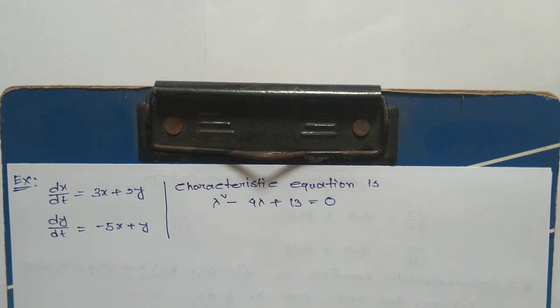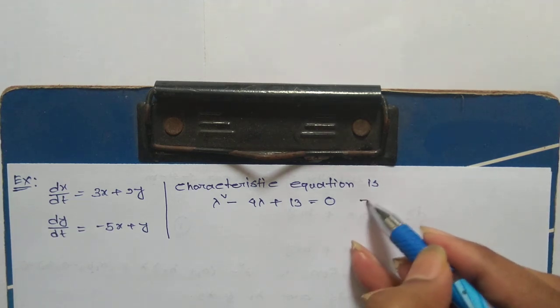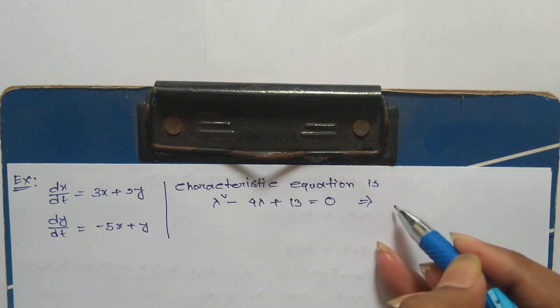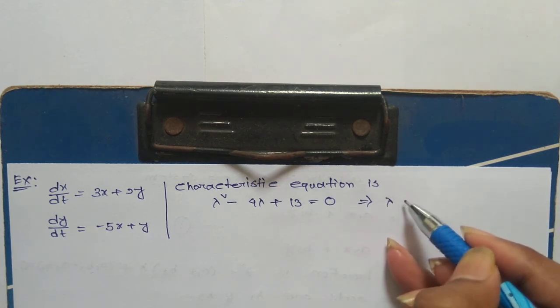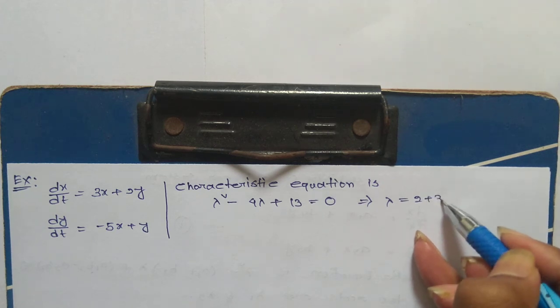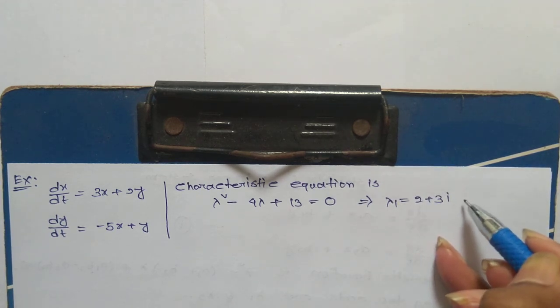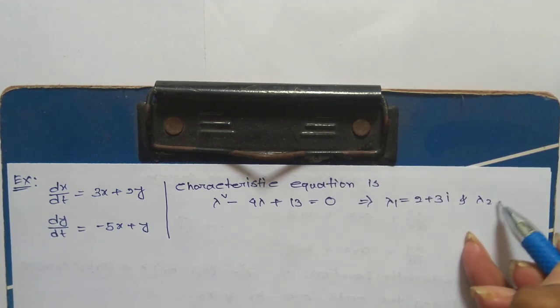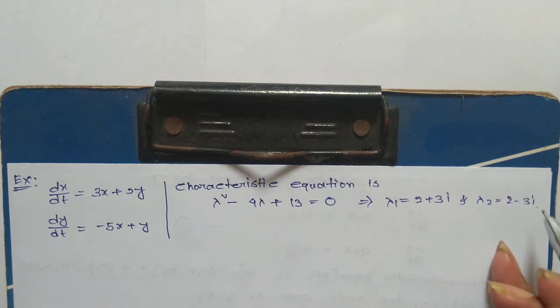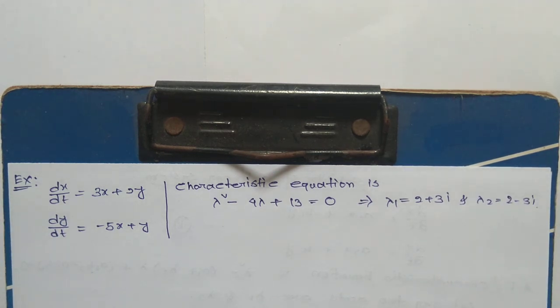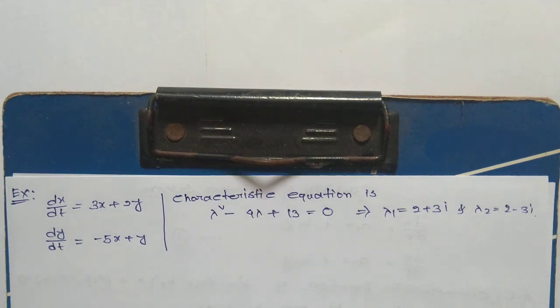Which implies that lambda equals 2 plus 3i and 2 minus 3i. So here the roots are complex conjugate, but not purely imaginary.